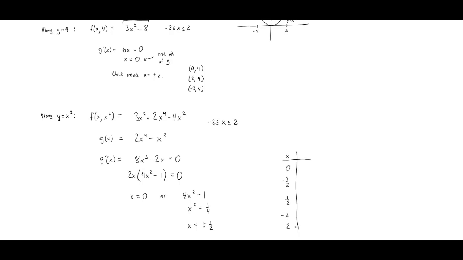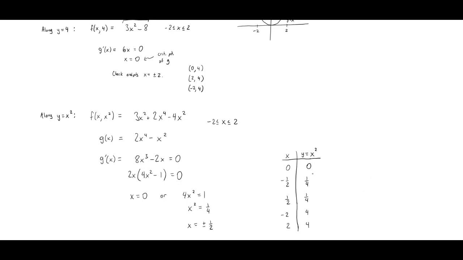I want to get the y coordinate, so remember we were working on the parabola y equals x squared. So here, if x is 0, y is 0. X is negative 1/2, y will be 1/4, 1/4, positive 4, and positive 4. So that gets me some additional points.